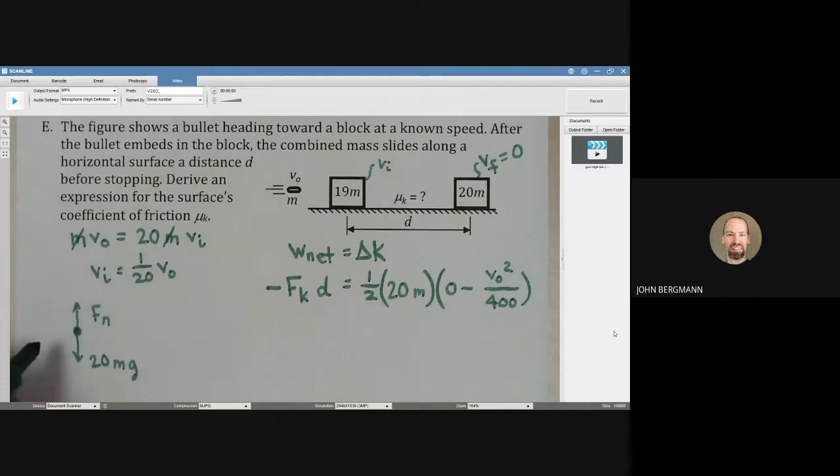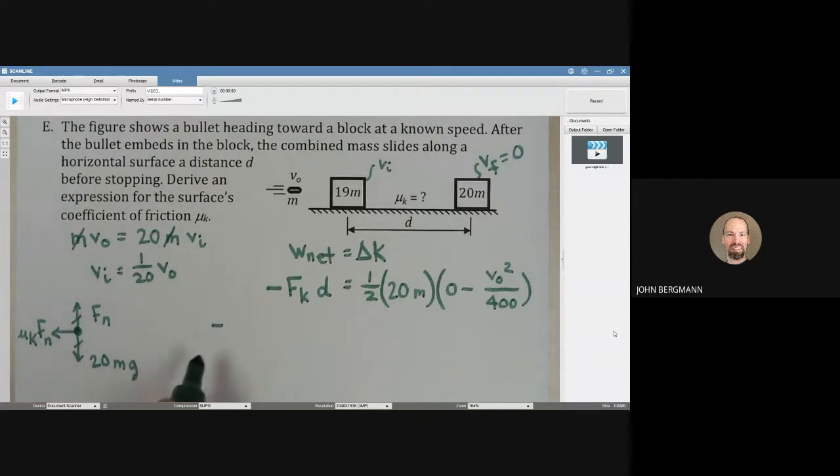And then since we're sliding to the right, the friction force acts to the left. And the friction force is always mu sub k times the normal force. Well, the normal force and 20 mg are equal to each other. So the negative friction force is mu sub k multiplied by the normal force, which is numerically equal to 20 mg, and then there's the d that I put right there.